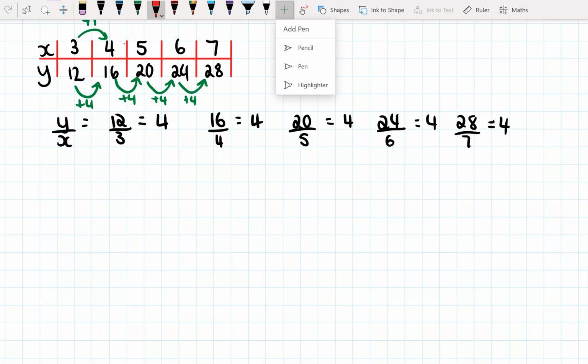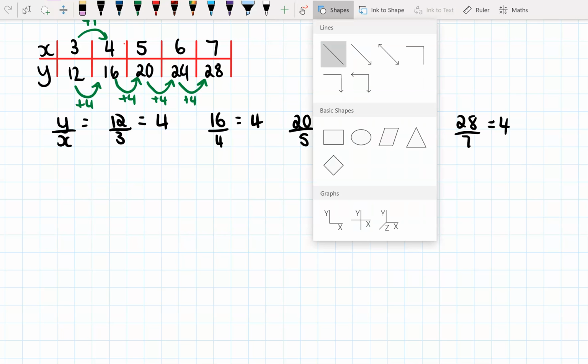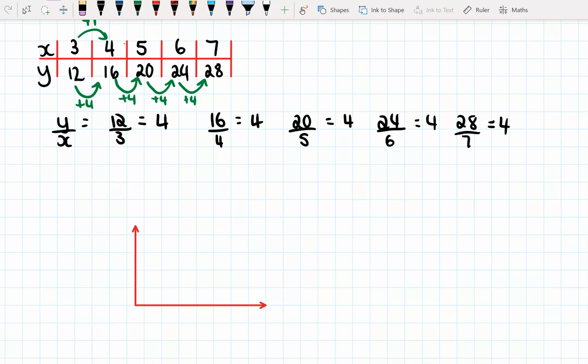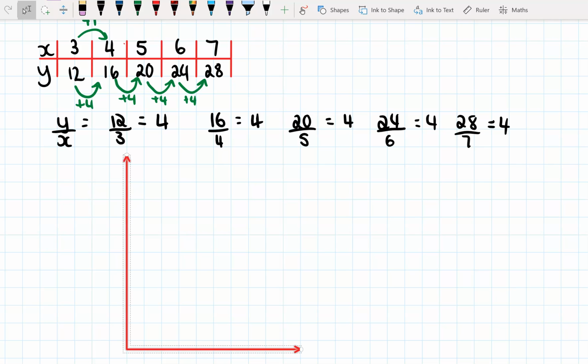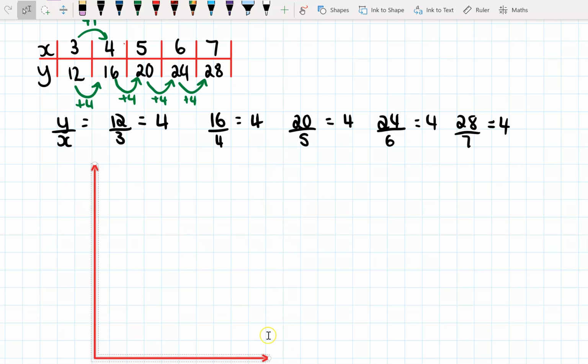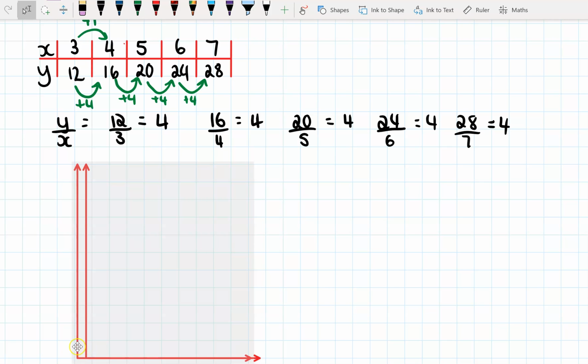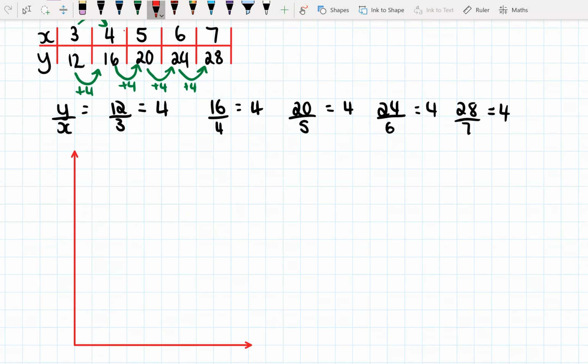We can make an xy axis like this. Let's put our x values on the x-axis: 1, 2, 3, 4, 5.